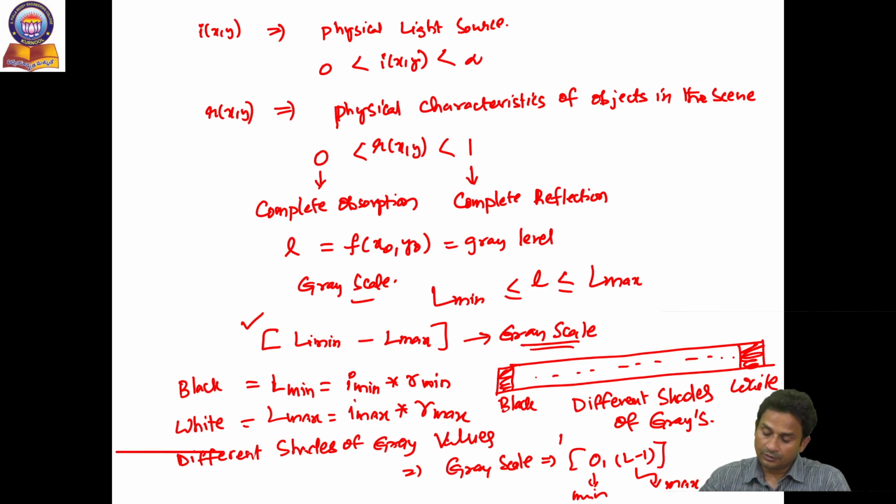So 0 represents black and L minus 1 represents white. The values between 0 and L minus 1 represent different shades of gray.